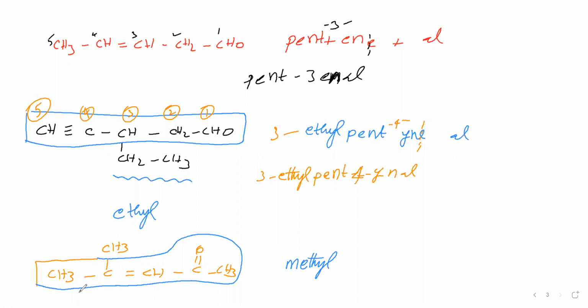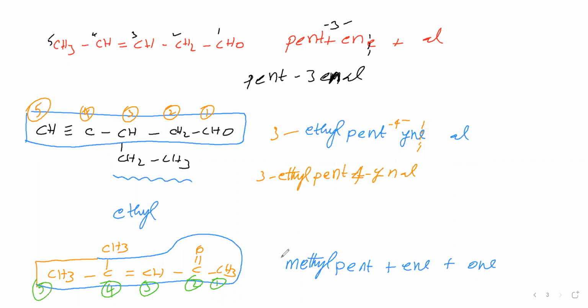Then the parent chain contains 5 carbon atoms, therefore pent. Primary suffix is ene. And the secondary suffix we will say one, because ketone is the main functional group. Now we will give numbering: number 1, number 2 carbon, third carbon, fourth carbon, fifth carbon.